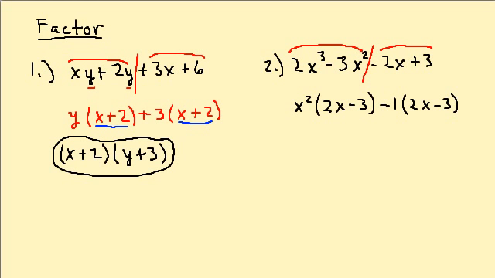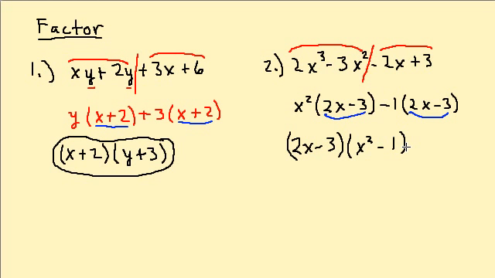So now you can see that I have a common binomial factor of 2x minus 3. So I factor out the 2x minus 3, and then that leaves me with x squared minus 1.